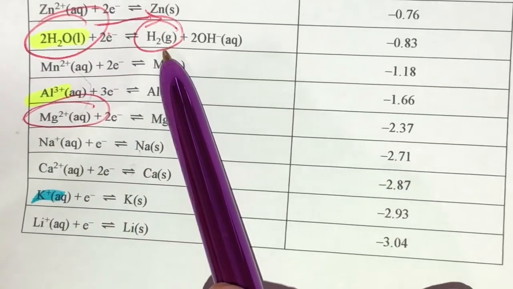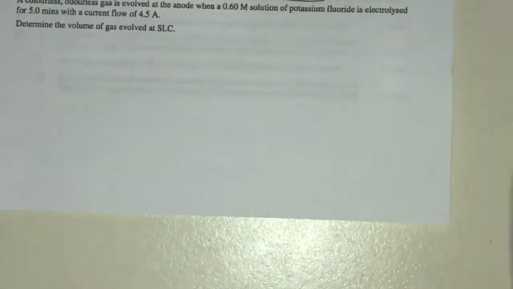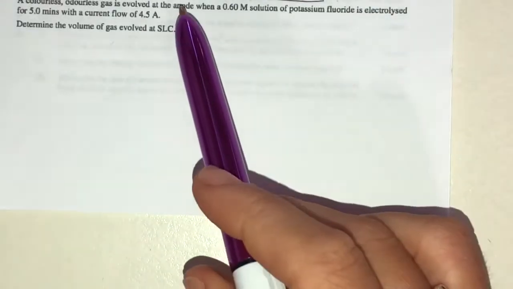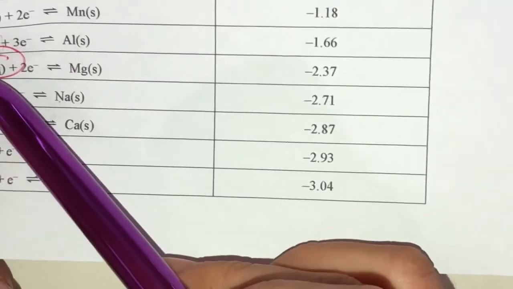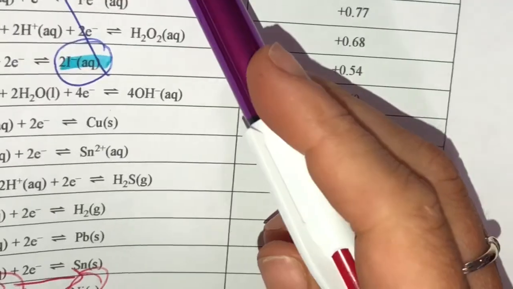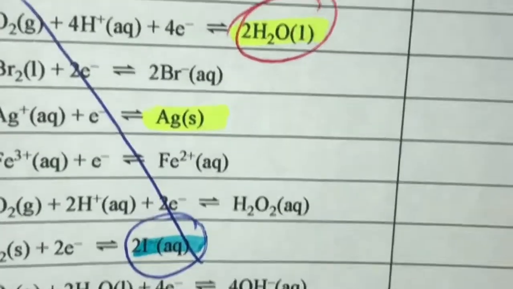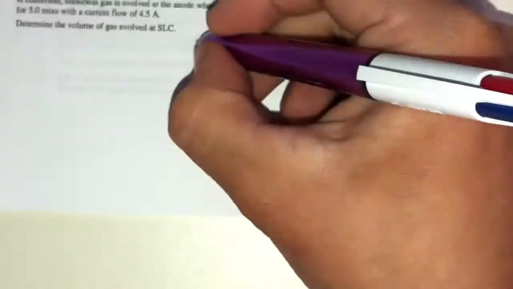So actually it will be water being reduced at the cathode though. So let's have a look at the anode. We've got fluoride. So fluoride is actually up here. So it's much weaker than water. Water will be oxidized.